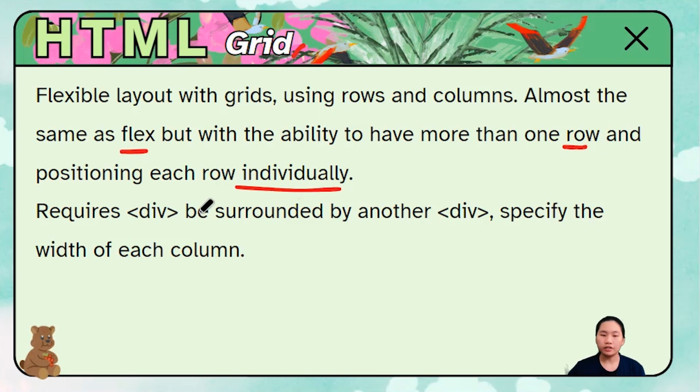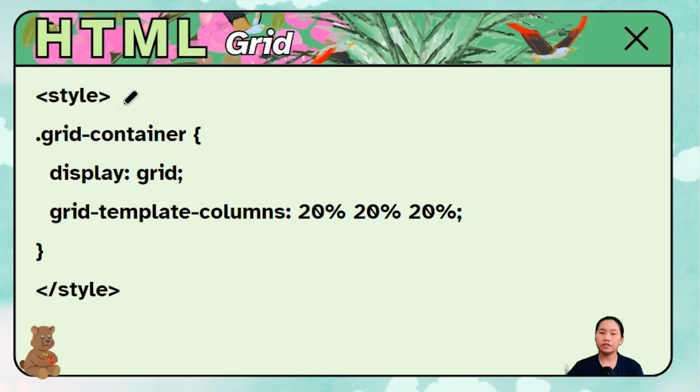However, it requires div elements to be surrounded by another div, and you have to specify the width of each column, okay? So let's take a look at the code over here. In the style tag, we have a grid container class, the display is set to grid, and the grid template columns specify the columns: 20%, 20%, and 20%. I will show you in a bit.